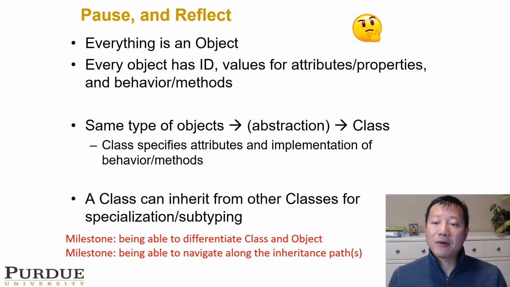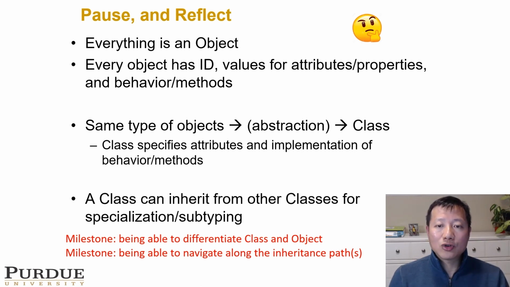A class can inherit from other classes for specialization and subtyping, and this hierarchical inheritance and subtyping or specialization can have multiple layers. There's no limit on how many layers in the hierarchy you can have, right?